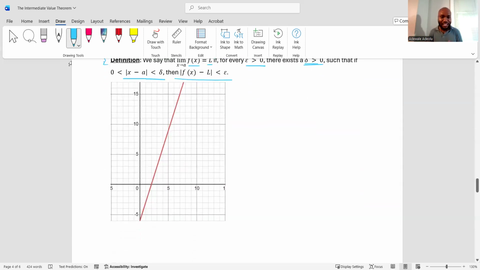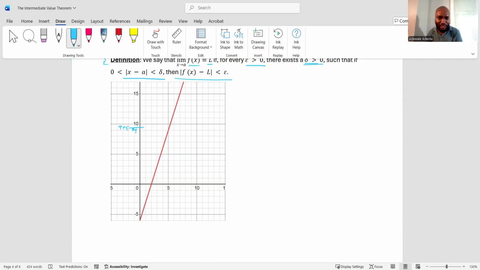Okay. Now going back to our graph that we had the other time, I said here is 9. So this part that I say here, between here and here is my epsilon. So this is 9 plus epsilon, right?